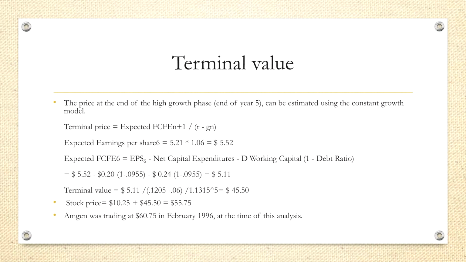That will give you the terminal value, and then you discount that terminal value back to today, discounting it 5 times, to get $45.50 of terminal value.